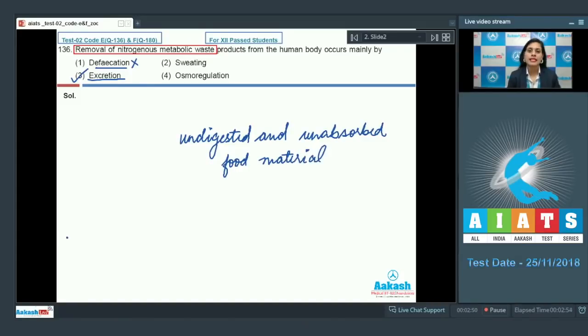So this cannot be a correct answer. Our second option is sweating, and this cannot be a correct answer because sweating although helps in removal of some waste products, but the main role of sweating is in thermoregulation. So this cannot be a correct answer.